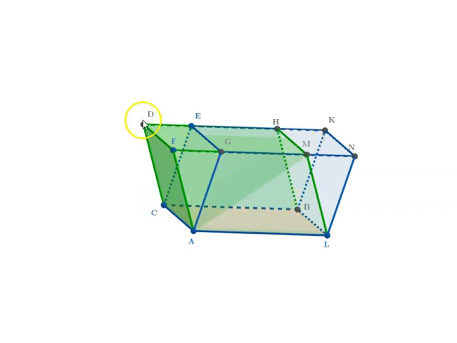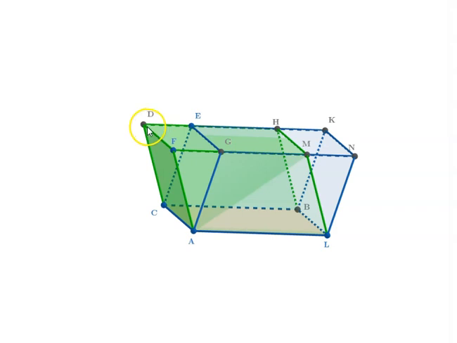Now, since CB is equal to DH and CB is equal to EK, it means that DH is equal to EK. Now, DH and EK have EH as common. So let's subtract that from both. We are left with DE and HK. Since DH is equal to EK and EH is common, if we subtract EH from both the lengths, then we end up with DE is equal to HK.